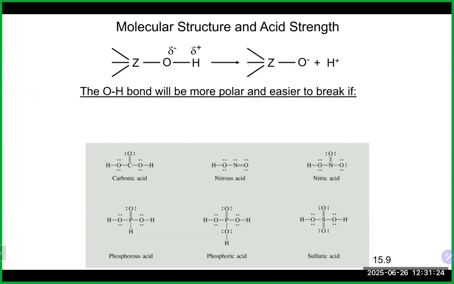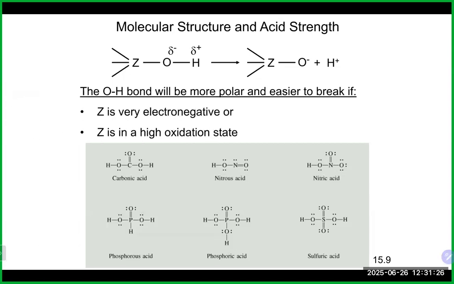When you look at acids that do contain oxygen, these are sometimes referred to as oxyacids because they contain oxygen. Most oxyacids will have this OH group on them. And this OH group, as you may remember from bonding, is a polar group with the oxygen being more electronegative and the hydrogen being less electronegative.